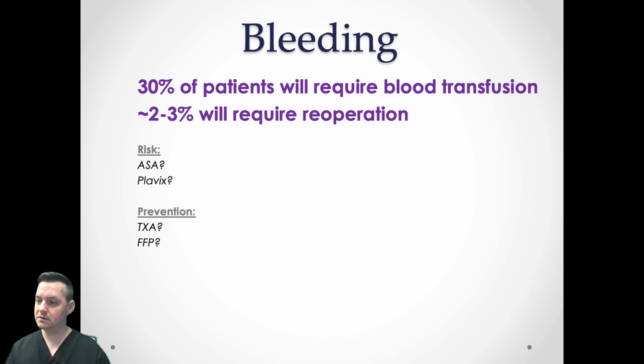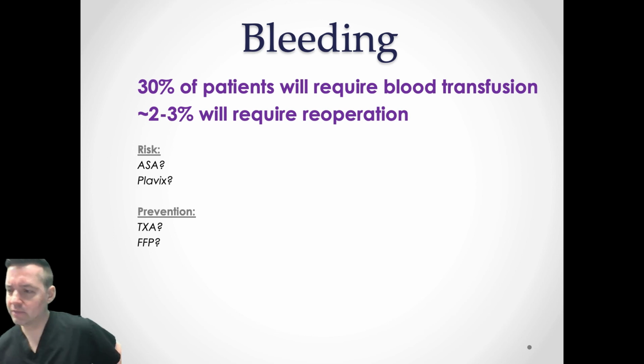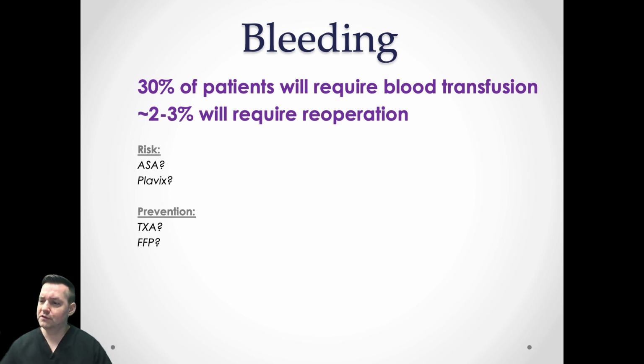So TXA was studied in the peri-op period for cardiac bypass patients for reduction in need for transfusion and all-cause mortality. There was actually a reduction in the need for transfusion.